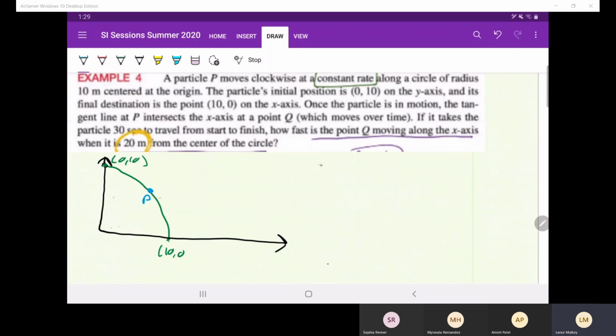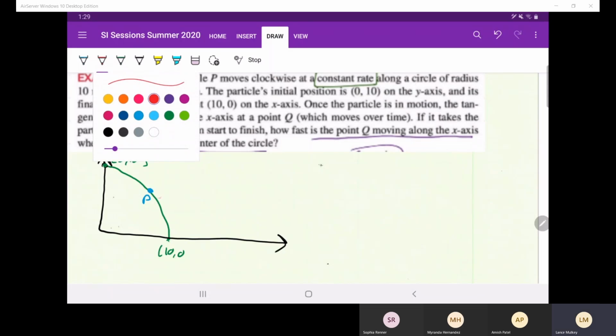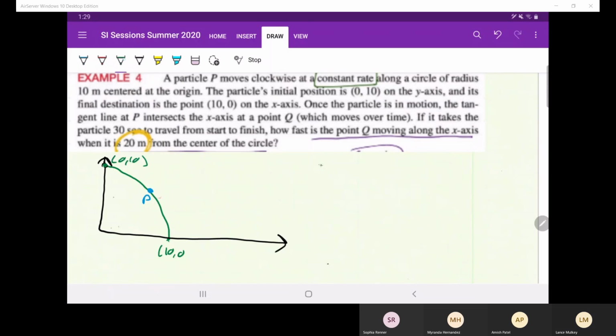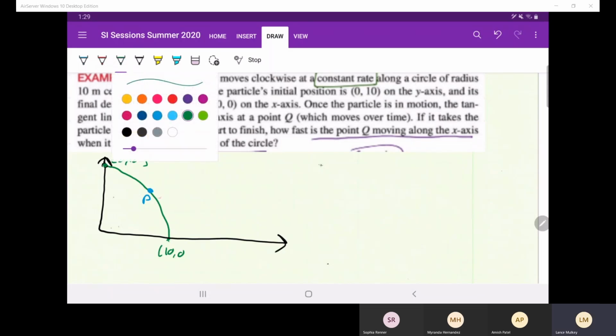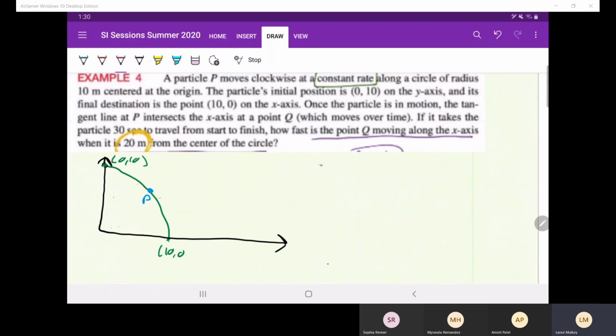So we have a point P, and then we have a tangent line that goes like this.